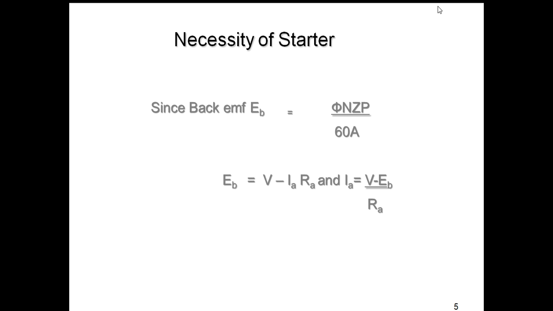From this equation, if we write the armature current IA is equal to V minus EB by RA.